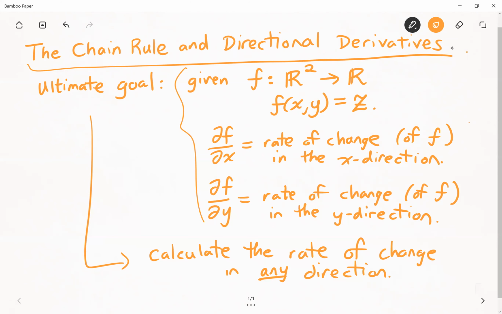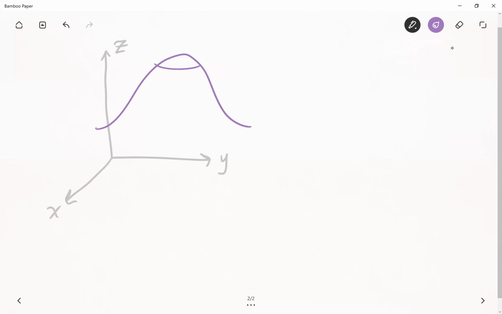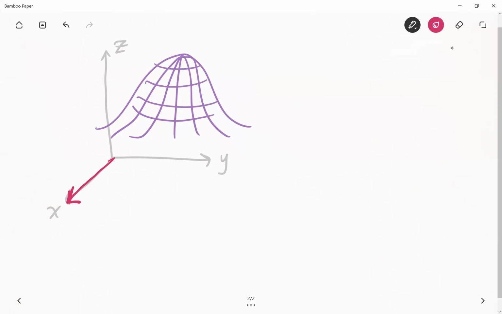So if we had to give a geometric interpretation of what we're doing, we can think of this in terms of tangent lines. And so let me go ahead and draw an x, y, and z axis. And then I'll draw a function on this axis. All right, so again, I always like to draw a picture of a hill here. All right, we have tangent lines going in the x direction.